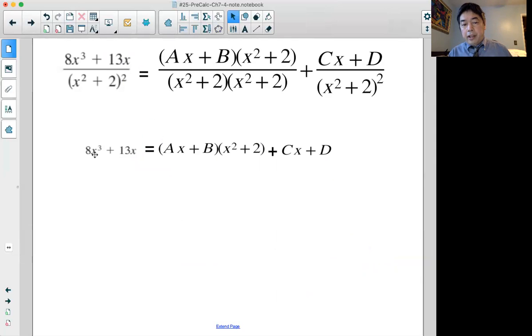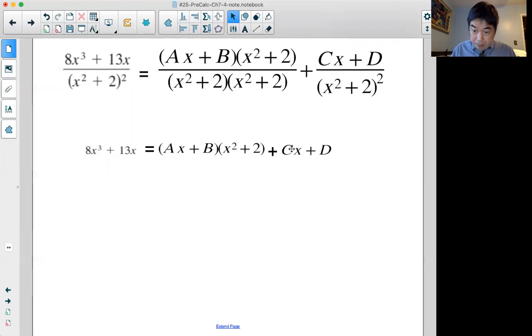So let me read it: 8x cubed plus 13x equals parenthesis Ax plus B, parenthesis x squared plus 2 close the parenthesis, plus Cx plus D. Okay, so we have to solve for this.